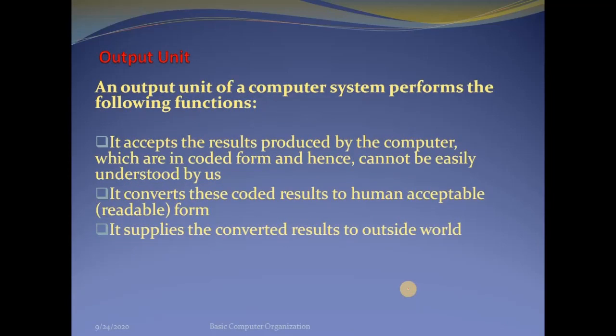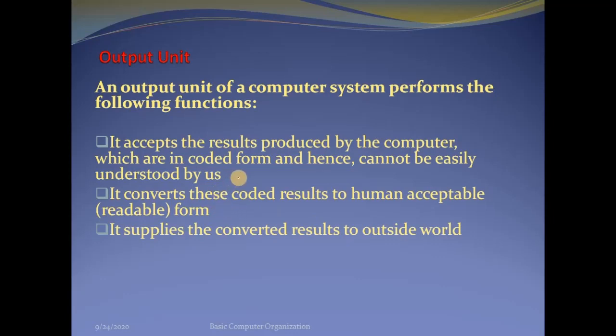Now let us discuss the functionality of the output unit. It accepts the results produced by the computer, which are in coded form and hence cannot be easily understood by us. So it converts these coded results to human acceptable form.